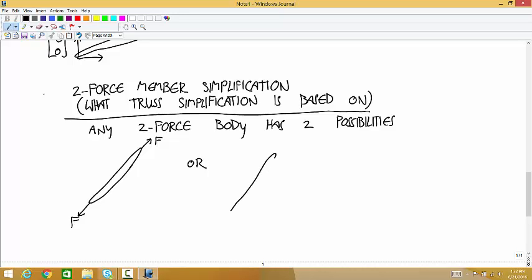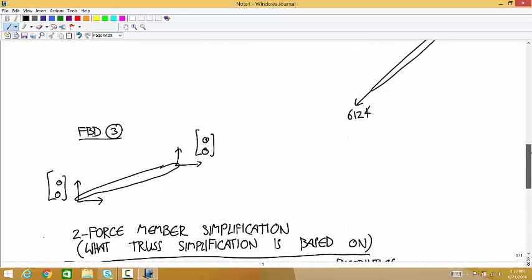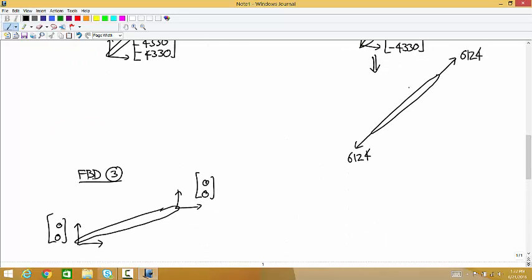Or it could be in compression, where the forces are both toward the center of the body. There are no other possibilities. The one that we just calculated, member 2, was in tension, because those forces are doing like what cables would do on the end.